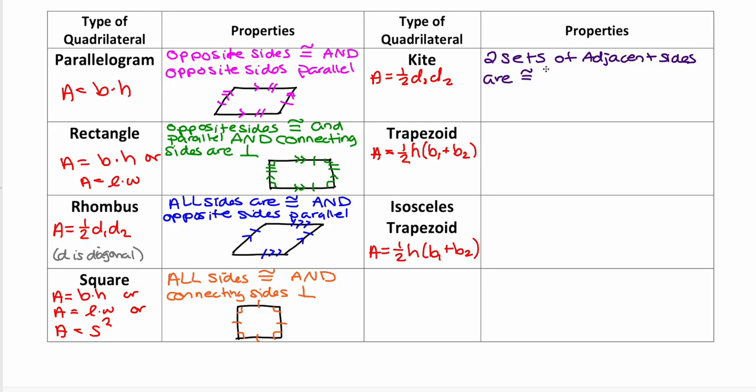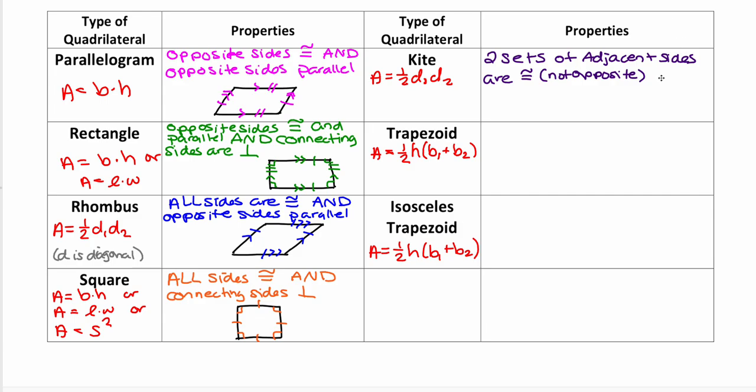These are not the opposite sides. And a kite has nothing that is parallel. So that is the biggest difference between a kite and everything we've seen so far. A kite has no parallel.